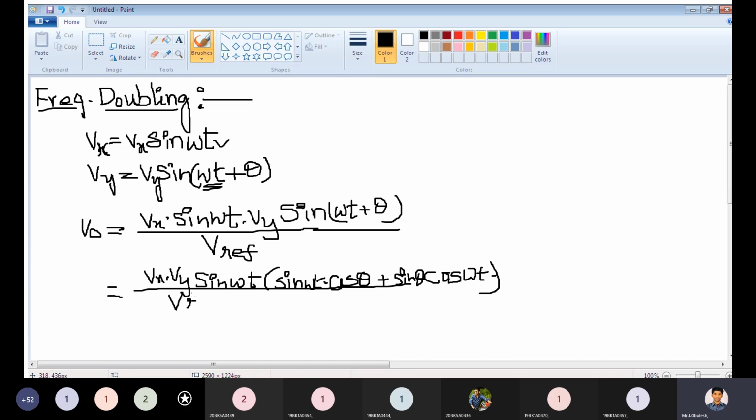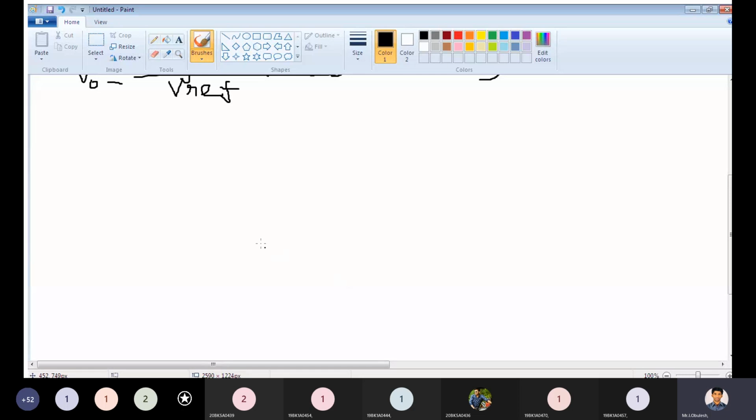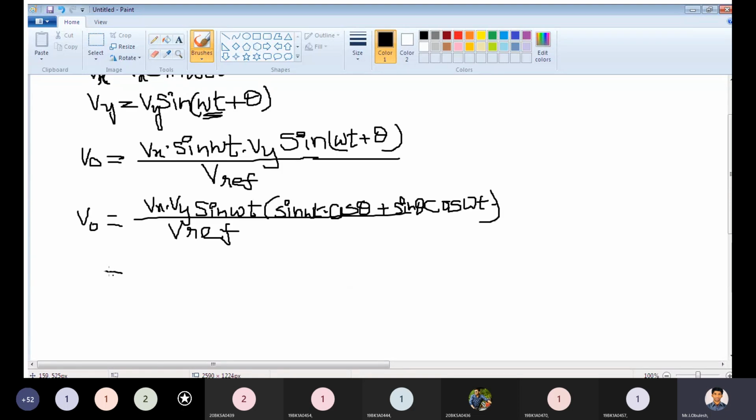Here V reference divided by V reference. This is the V naught expression: Vx by Vy by V reference into that. Multiply with this sin omega t and then simplify that. You need to do the multiplication. Do it fast.